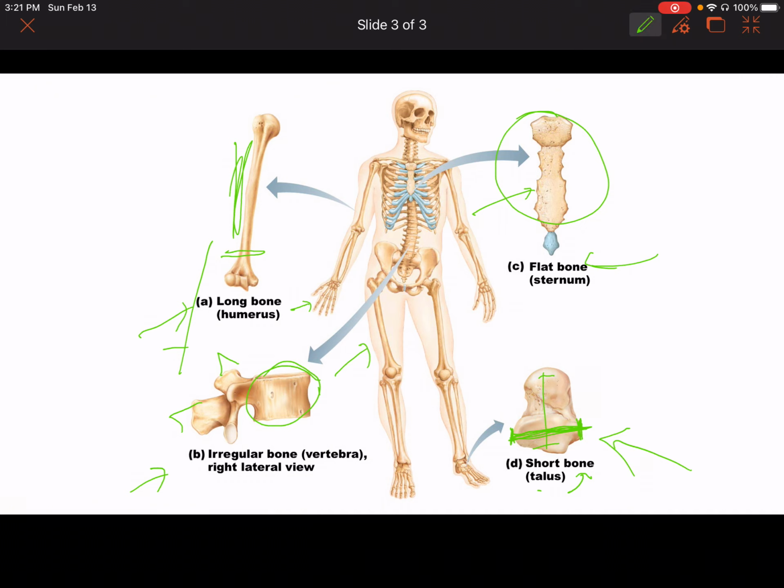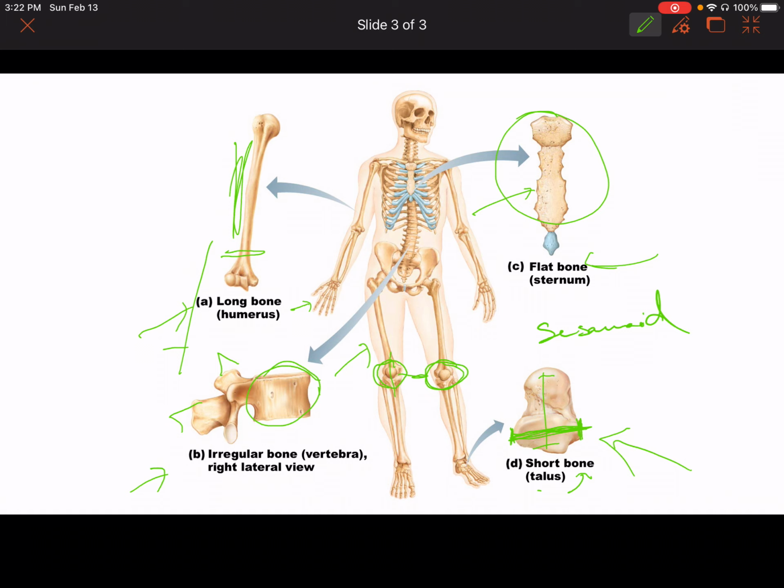But you know what? I do kind of want to throw this one in because it is really important. So let's talk also about these right here, these little patella, right? Your kneecaps. These are a type that we call the sesamoid bones. Sesamoid bones are bones that are not initially part of the cartilaginous skeleton.